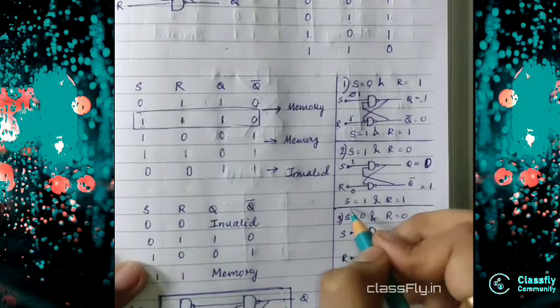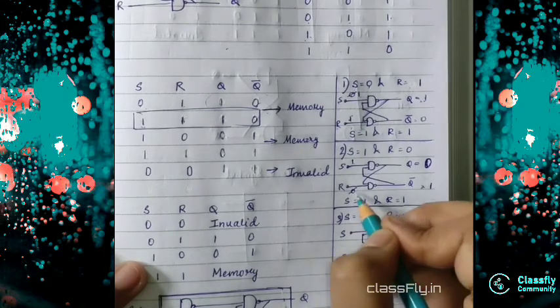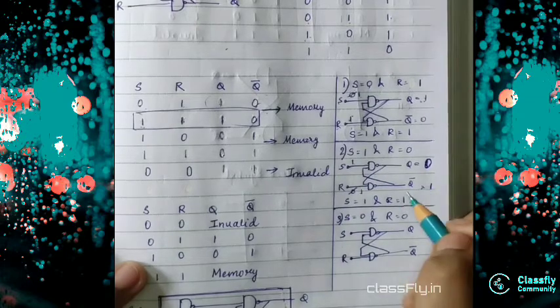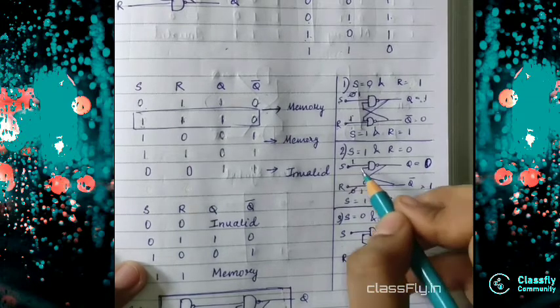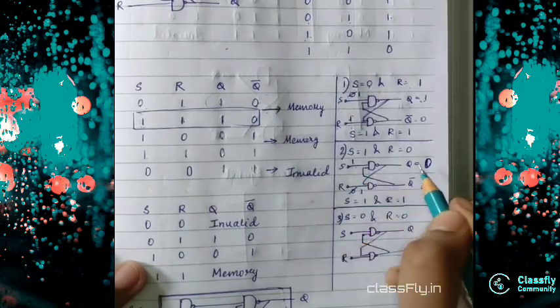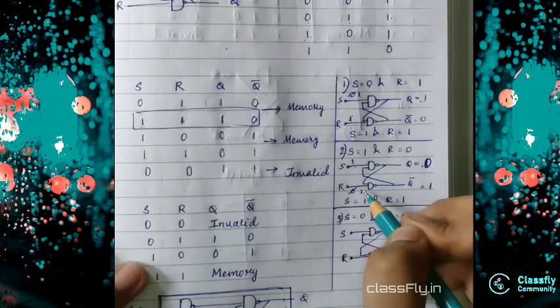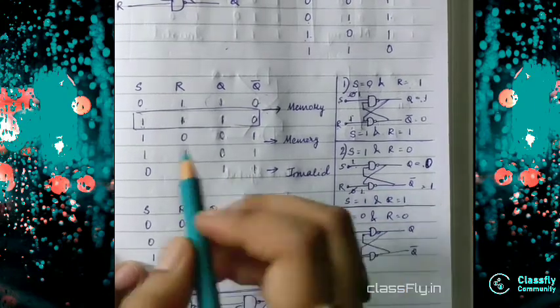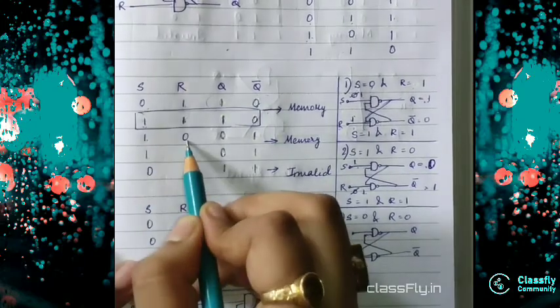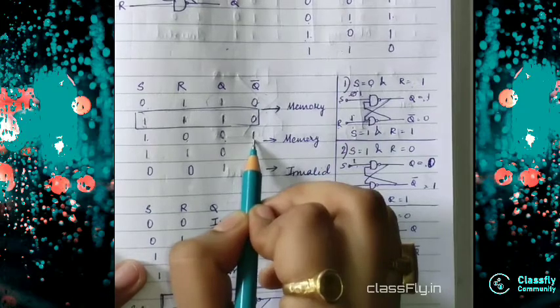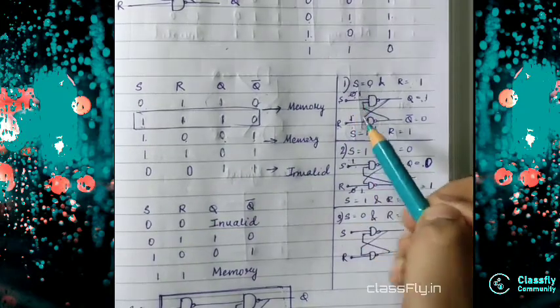But if I change this R to 1, this 1 will go to here. So 1, 1 is 0, and when this 0 comes here, we get 0, 1 as 1. So when our inputs are 1 and 0, we get the output as 0 and 1. Right? Here we have taken 0, 1.